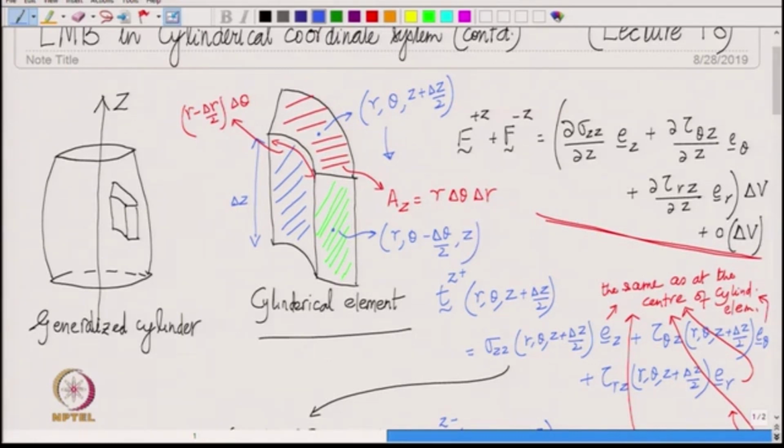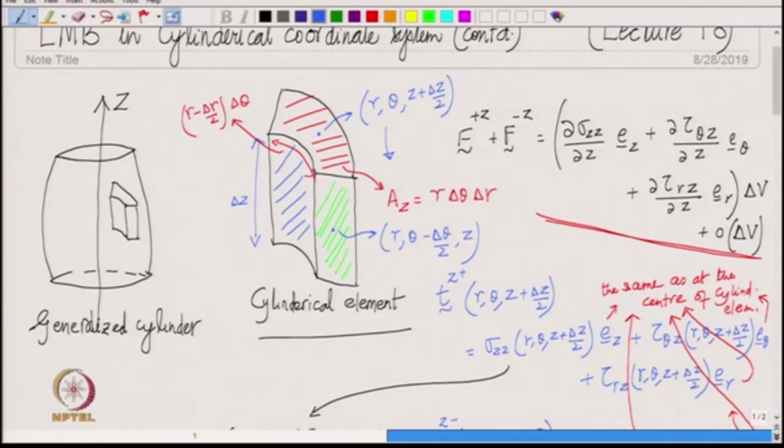And then think of the traction: you have sigma theta theta e theta on this plane, you also have tau r theta e r on this plane. But the extra complication here is that the basis vectors are changing.